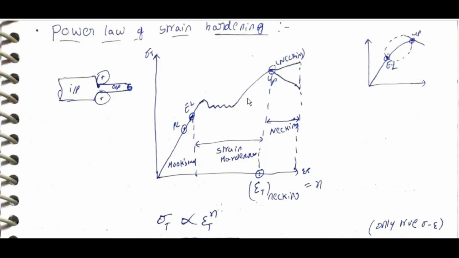Then at the ultimate point necking begins. From the elastic limit to the ultimate point is strain hardening, and from the ultimate point to the fracture point is necking.